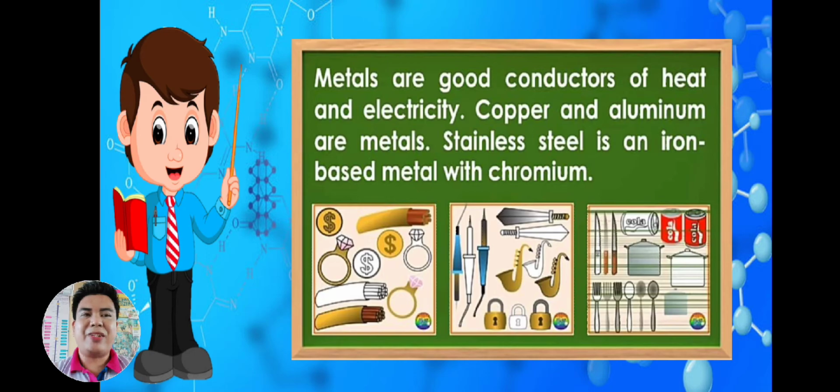Metals are good conductors of heat and electricity. Copper and aluminum are metals. Stainless steel is an iron-based metal with chromium. This is the reason why metals are good conductors of heat and electricity.